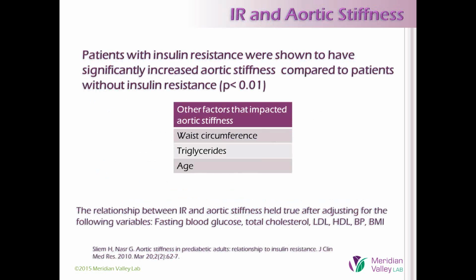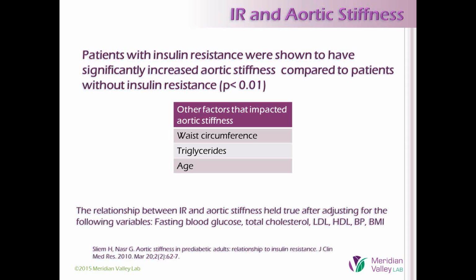So by way of bringing this in a little bit more into the world of reality, patients with insulin resistance were shown to have significantly increased aortic stiffness. And it wasn't just insulin resistance, it was also age, circumference, and triglycerides that impacted aortic stiffness. But of course, we've already discussed how that's kind of all part and parcel of the same picture.